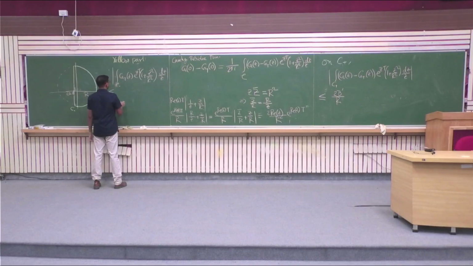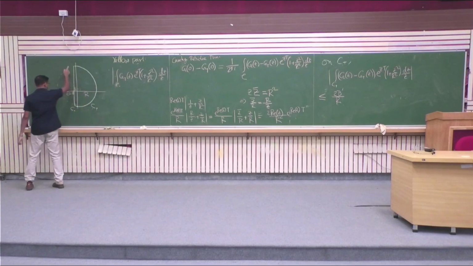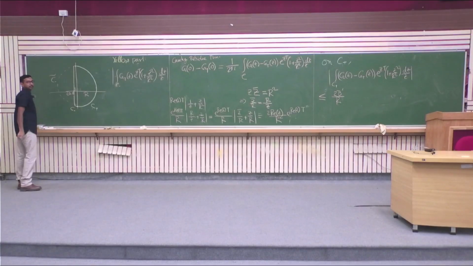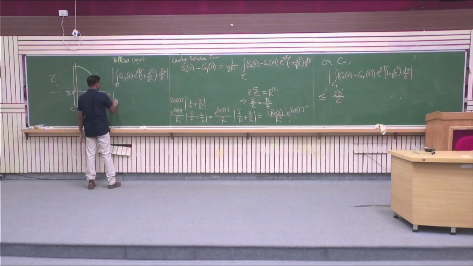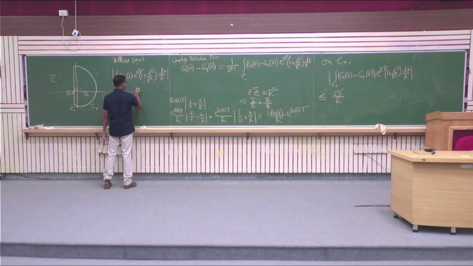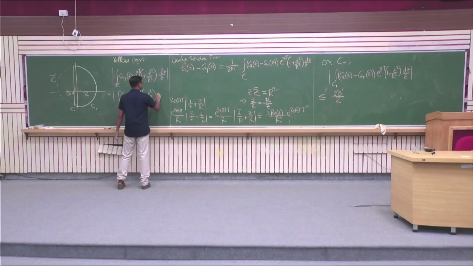So that means that this is okay. This is equal to, call this part some c minus tilde. So this is equal to the integral over c minus tilde, that is the changed contour, of GTZ e^zt, 1 plus z squared by r squared, dz by z.